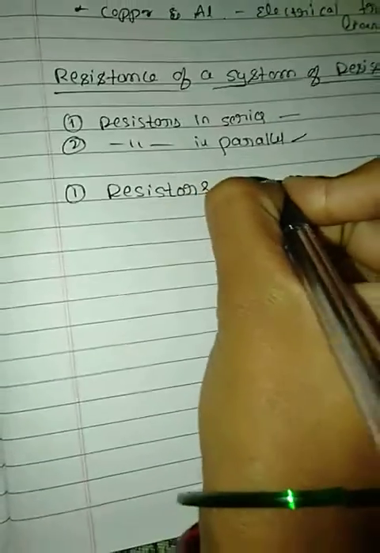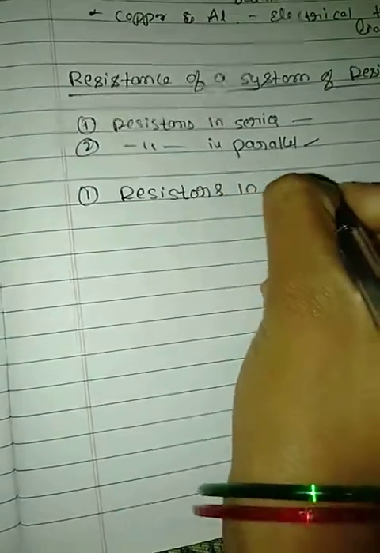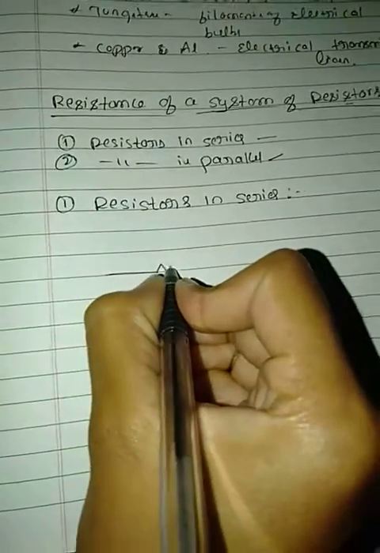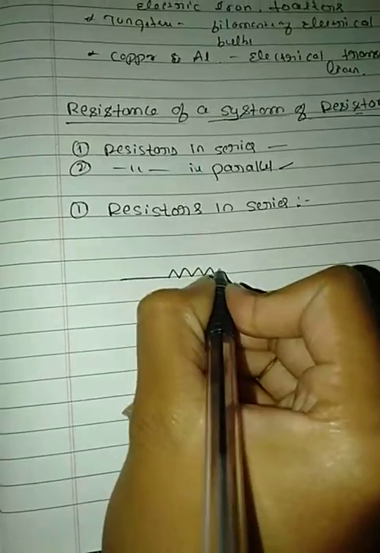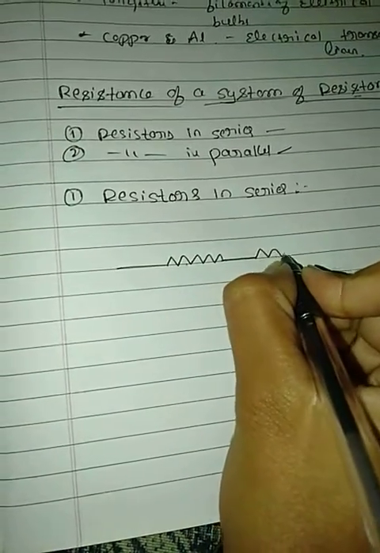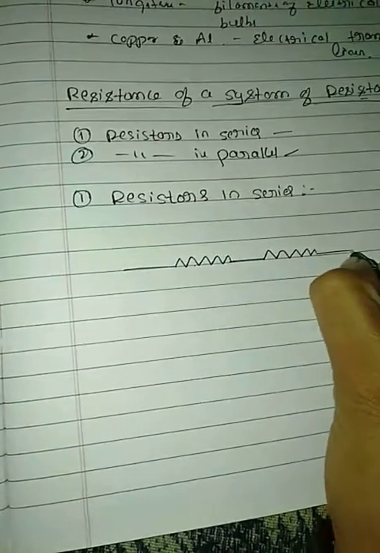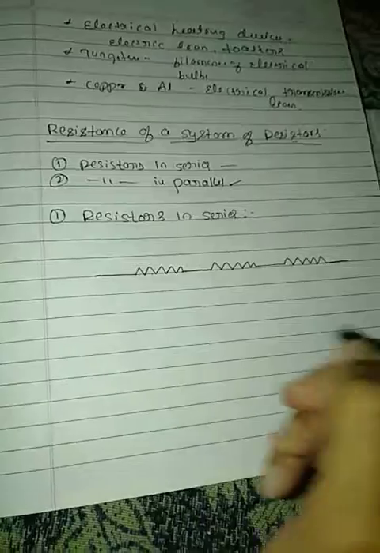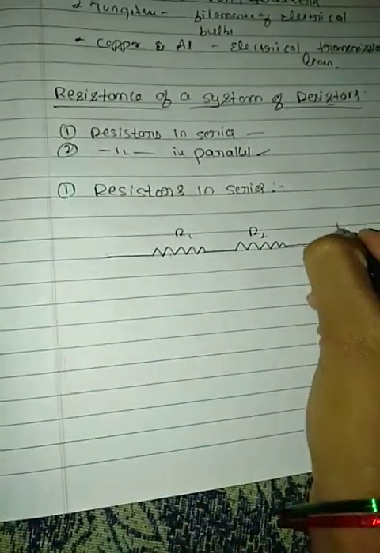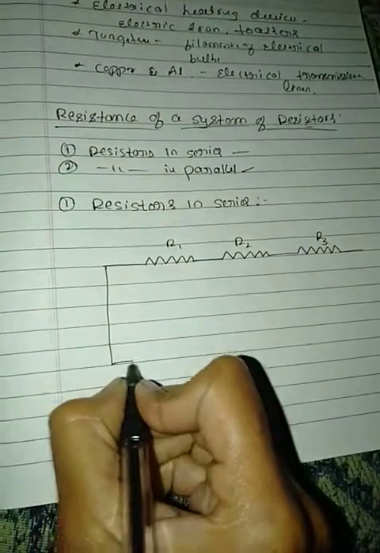Resistors in series. If you connect three resistors like that, see here, this is the symbol of a resistor. These three resistors, R1, R2, R3, are connected in series in the circuit.